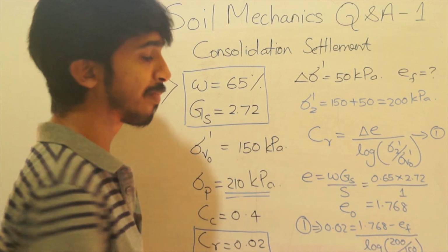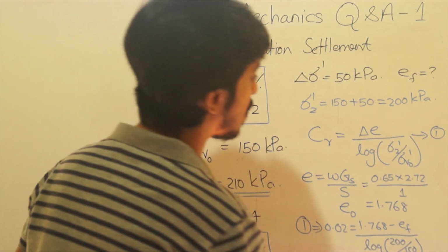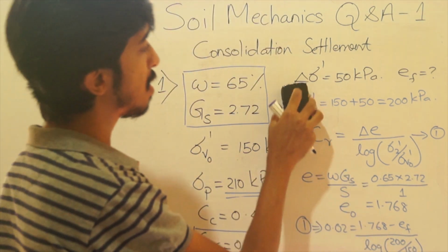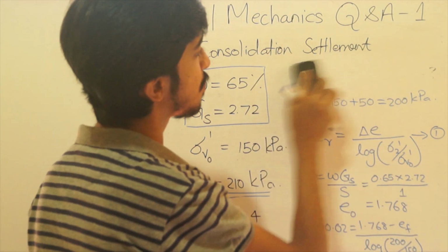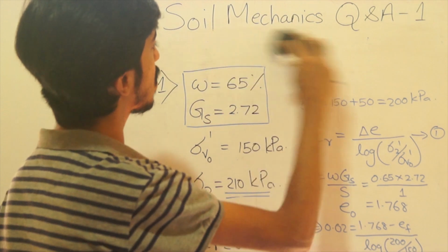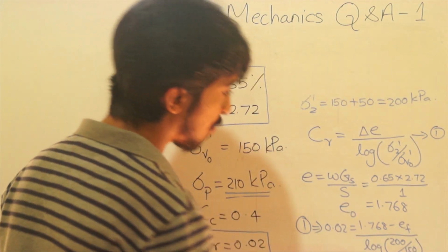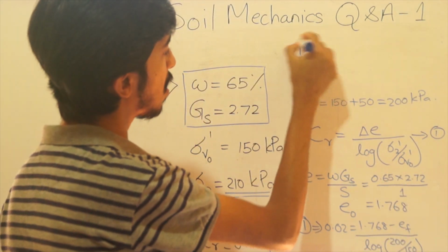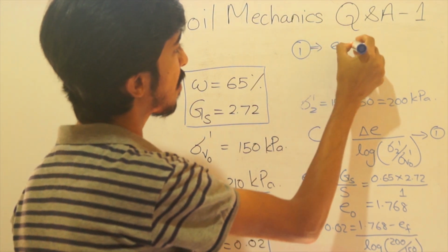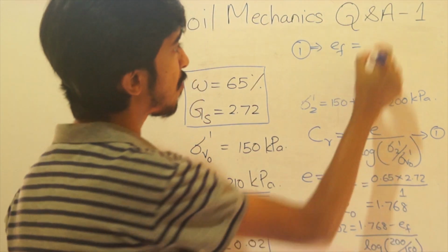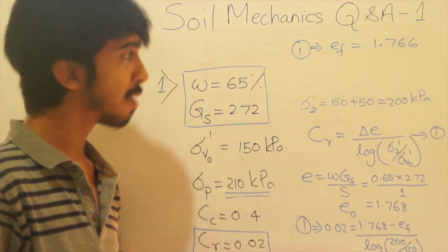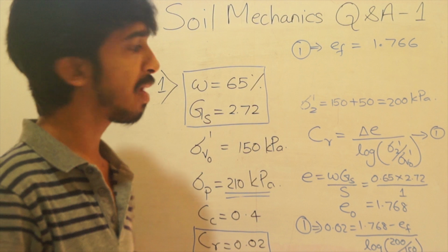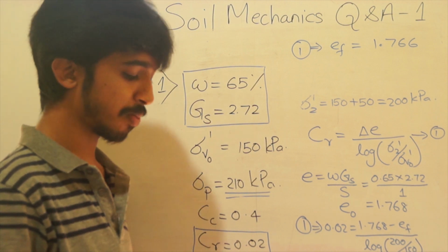So by solving this, we can find the final void ratio. So I'll erase here. The final void ratio EF from equation 1 can be calculated. It is 1.766. So that is the first part. It's very simple and very easy to handle this question.